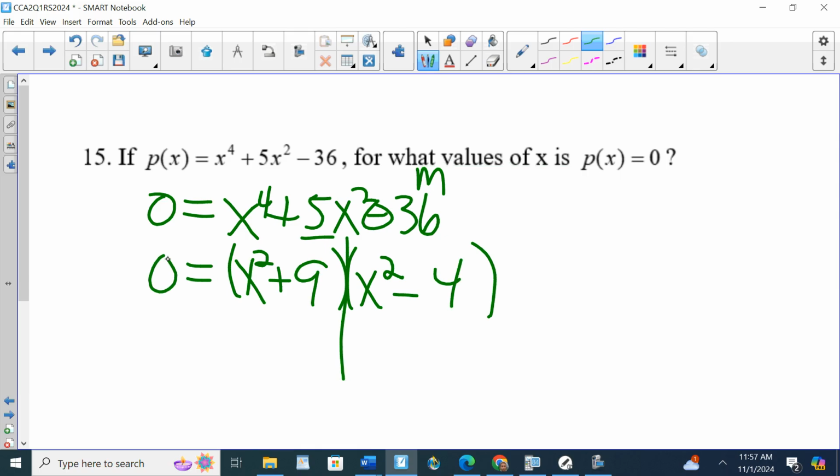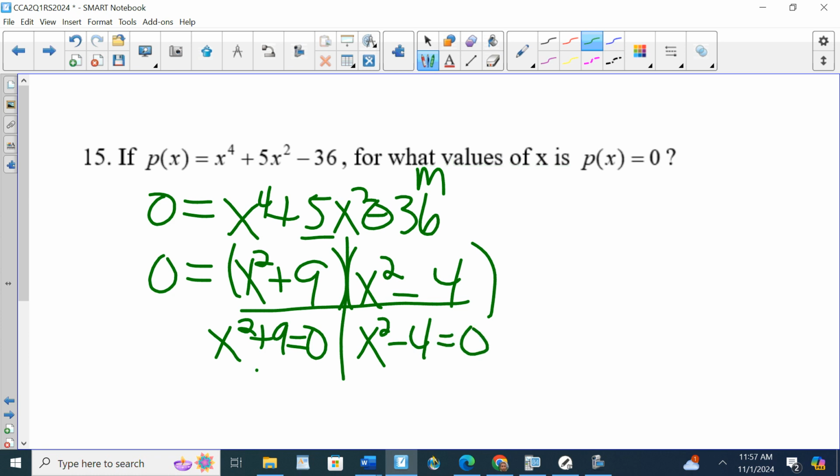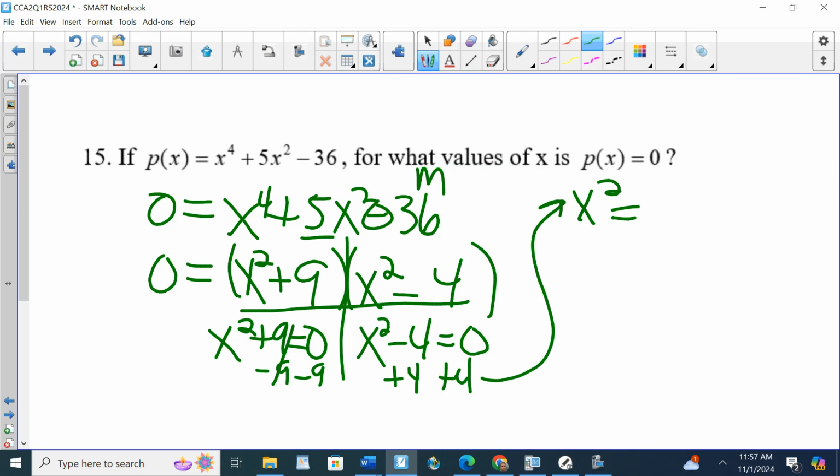You can factor one of them further, but either way, for the x squared plus 9, I have to isolate the square root. So I suggest you just isolate the square root for both of them. Minus 9, plus 4. I have x squared equals negative 9, x squared equals 4.